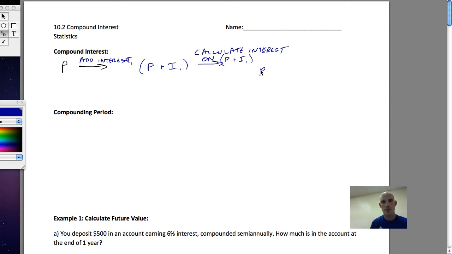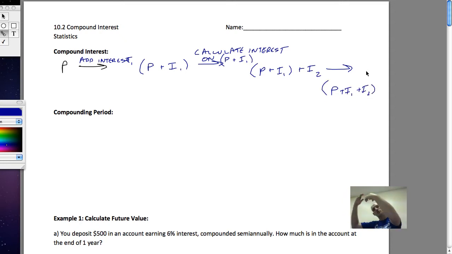So we get principal plus interest 1 plus interest on that value. And this is why it's compounding, because then our total becomes principal plus interest 1 plus interest 2. Well, then we calculate the interest on that. And so you see how this goes. We continuously have a bigger amount that we're calculating the interest on.